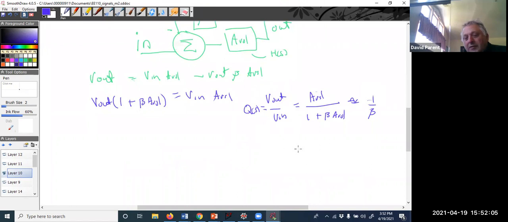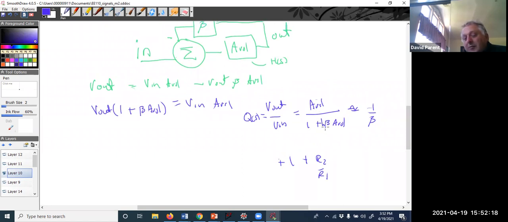So we just don't say open loop gain goes to infinity anymore. We're saying, in this case, beta times open loop gain is much, much bigger than 1. Then we get that, right?